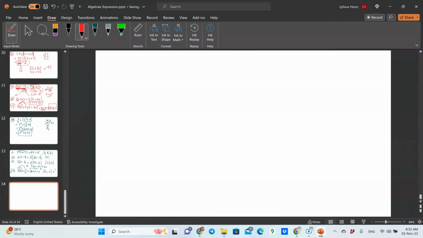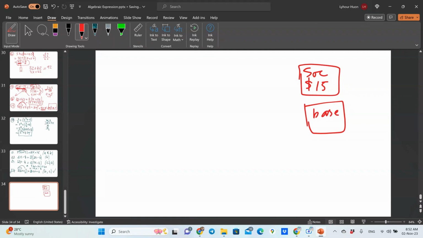We know that a soccer ball costs $15. A baseball costs $6. And sweatsocks, let's say SS, is $5.